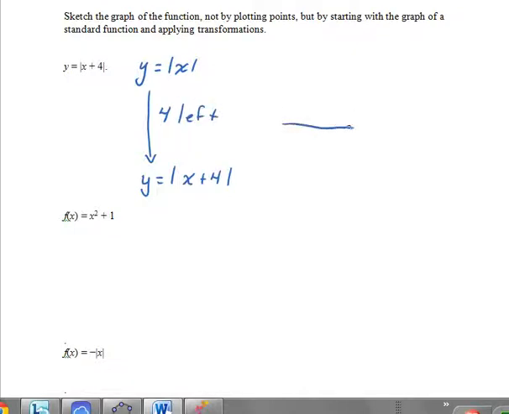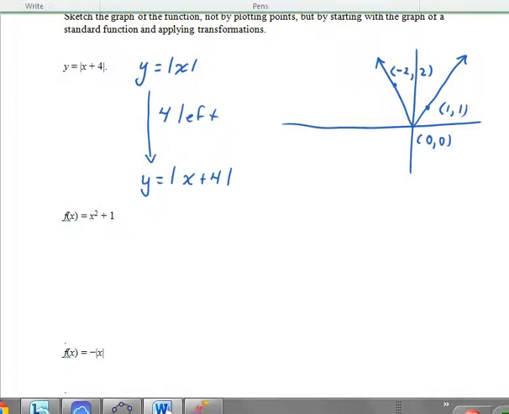So if I graph the standard function, y equals the absolute value of x, it's going to go through 0, 0, let's say 1, 1, and let's say 2, or negative 2, 2.